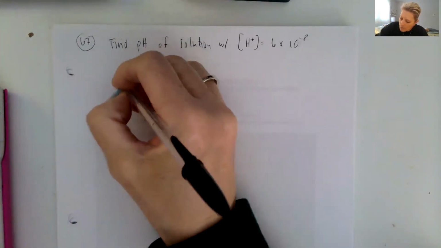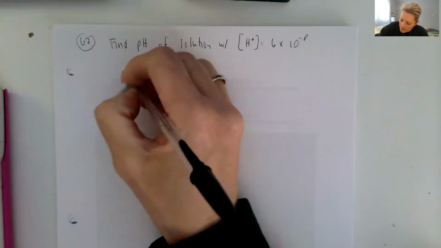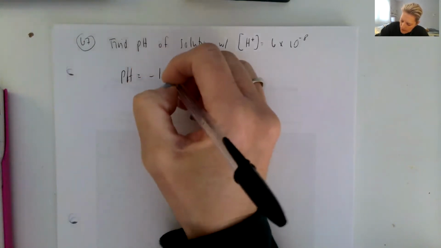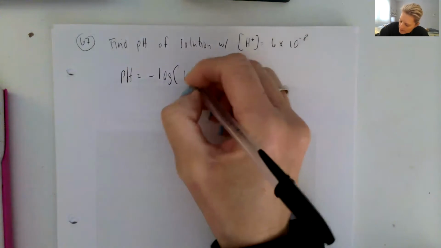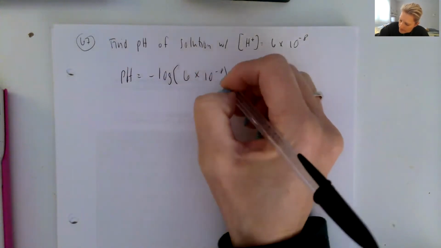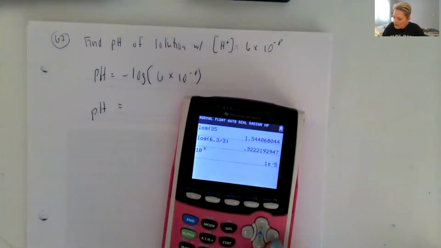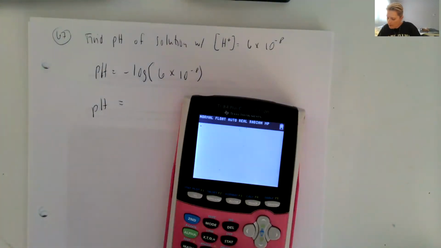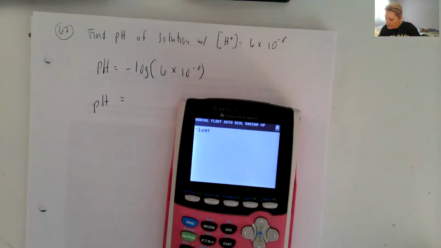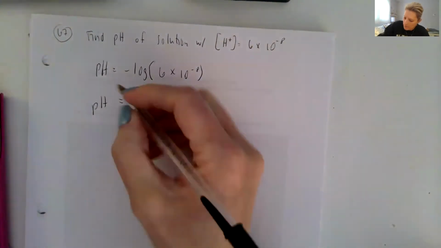So the pH is equal to the negative log of the concentration, which is 6 times 10 to the negative 8. And so we can just put that into our calculator, a negative log of 6 times 10 to the negative 8, which is 7.222.